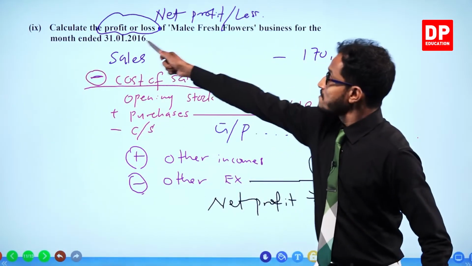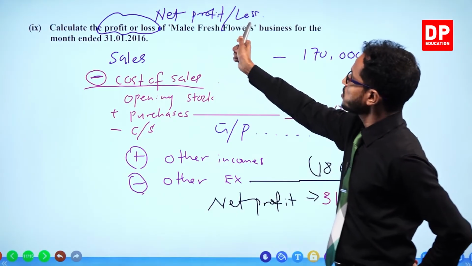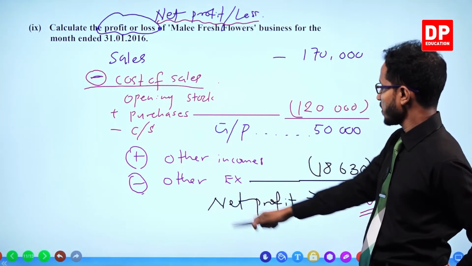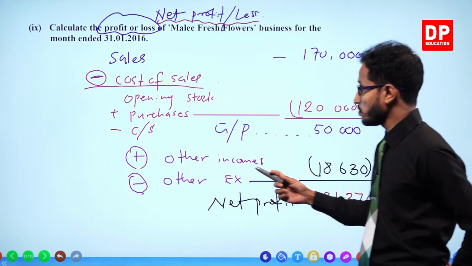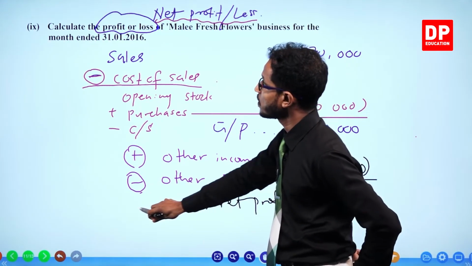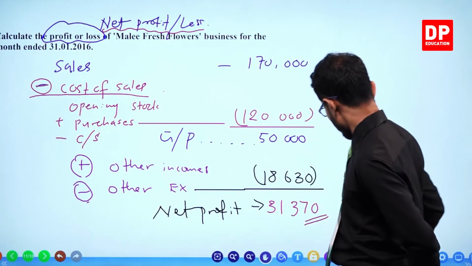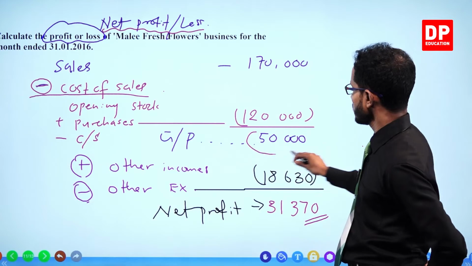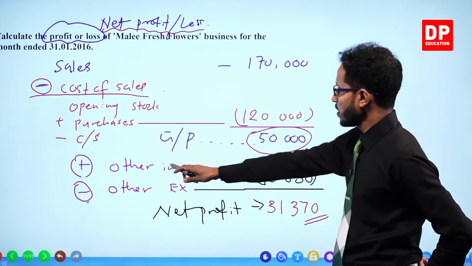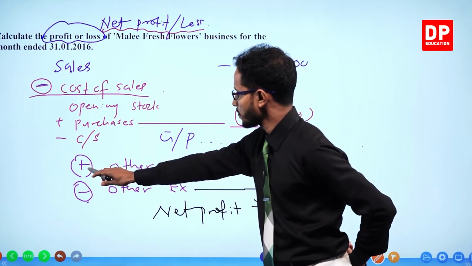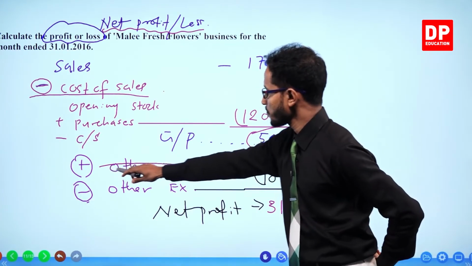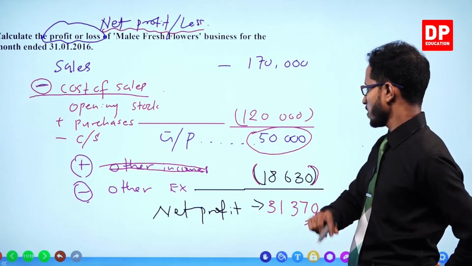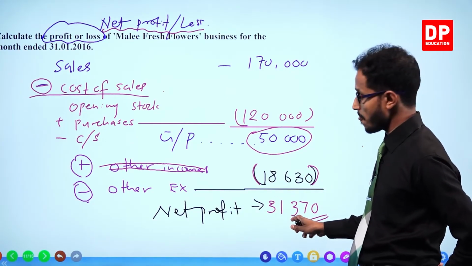Okay, calculate the net profit or loss, and we have a profit here because your gross profit is this and no other incomes, other expenses, you subtract, and you get 31,370.